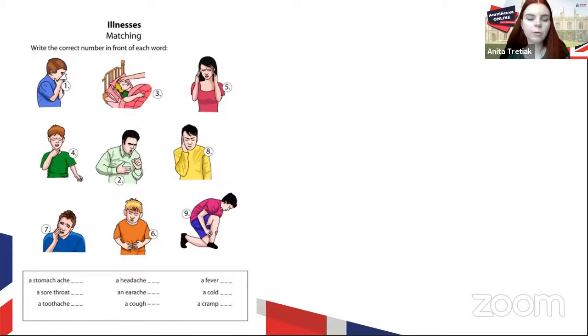Yeah, it's picture number 4. Then toothache. Toothache. I would say it's picture number 7 because the guy in picture 8 is holding his ear, and the guy in picture 7 is holding his arm near his tooth.